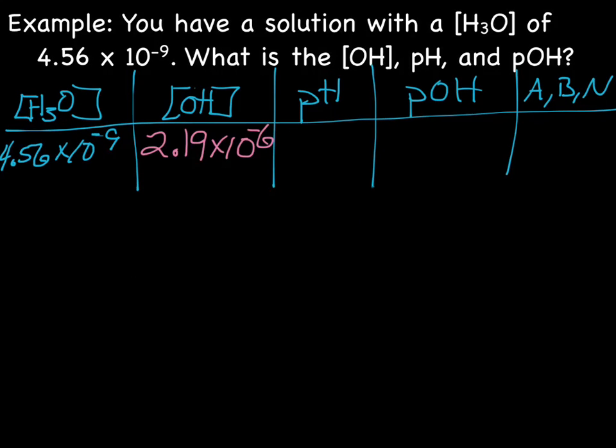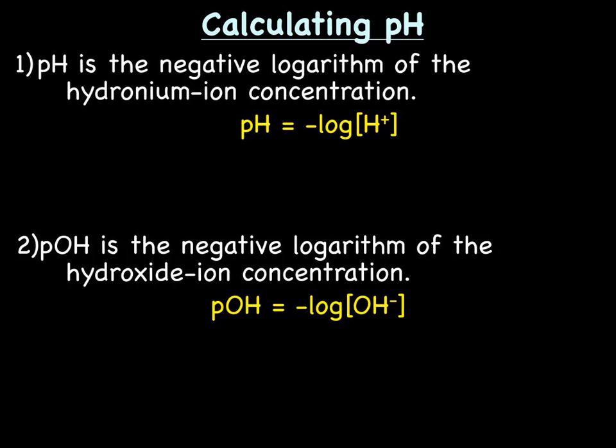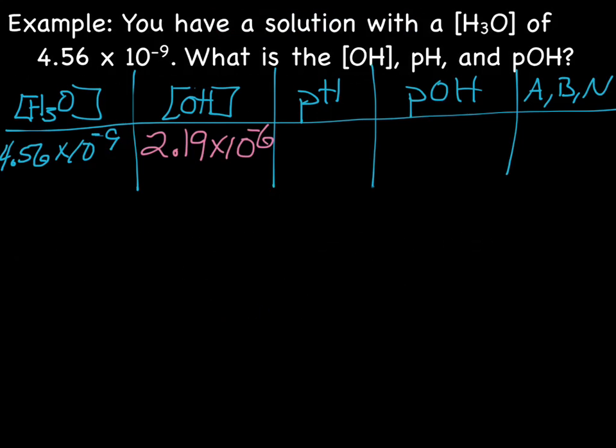So do we have any equations that have H3O or OH in it that allow us to solve for pH or pOH? Well, how about this guy here? pH equals negative log concentration of H3O.